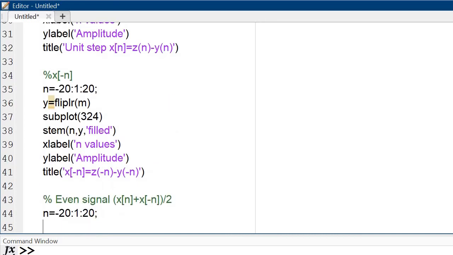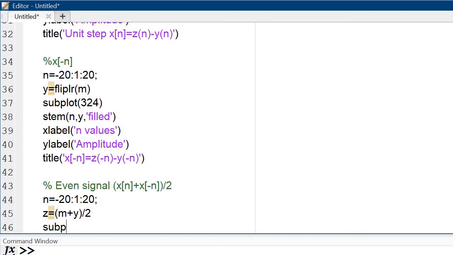So we can say that I'm taking the variable m plus y divided by 2. Okay, fine. This one.